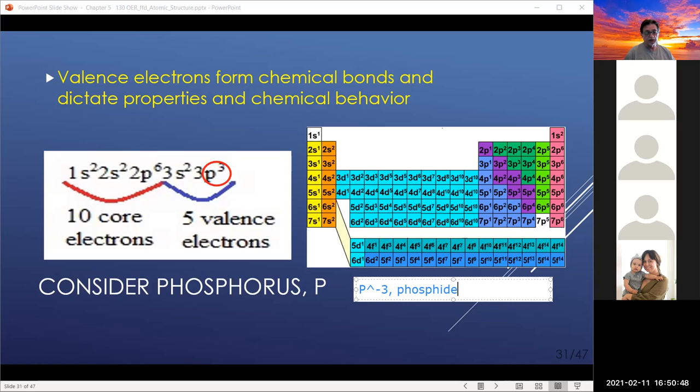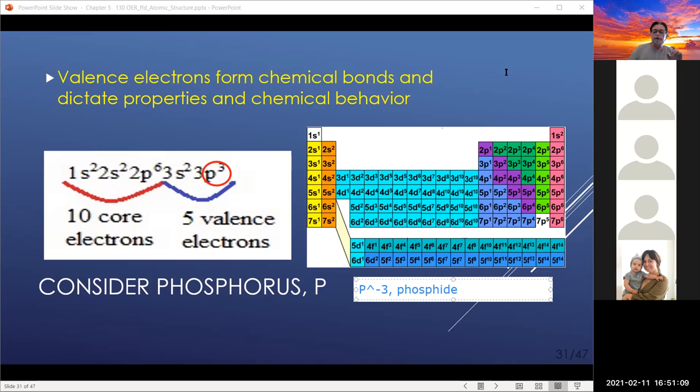Just like there's a difference between writing chlorine versus chloride. Question? Yes, the -ide always means the ion, the ion of the nonmetal.